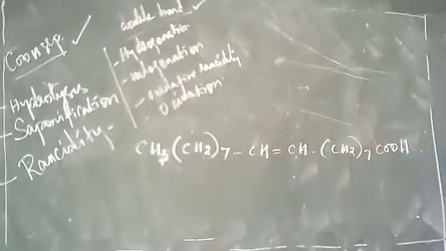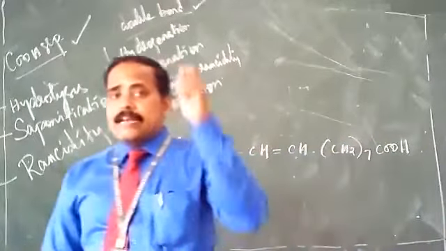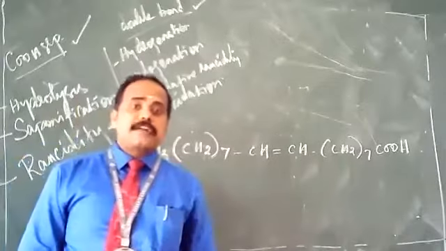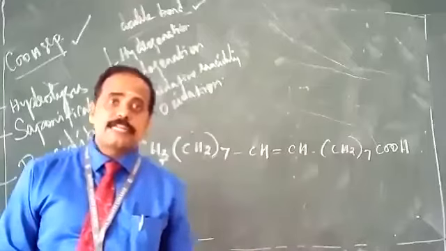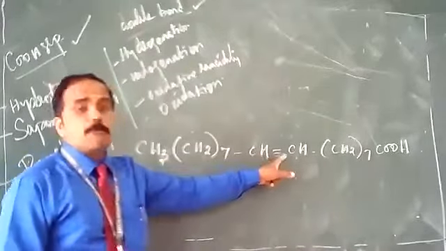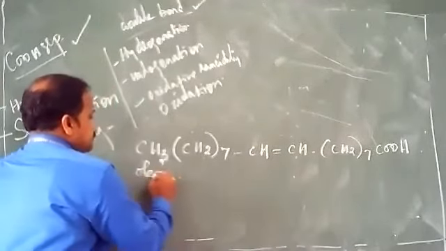This is the structure of oleic acid. Oleic acid is an unsaturated fatty acid, a monounsaturated fatty acid. It is not a polyunsaturated fatty acid. It contains only one double bond in its structure, right? So this is oleic acid.